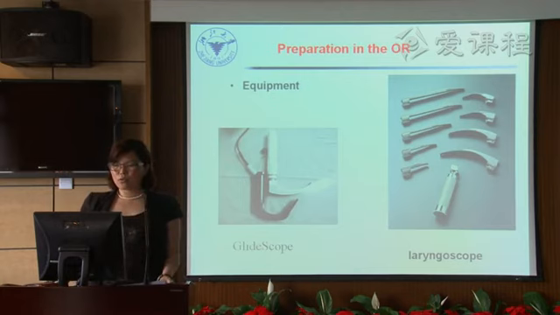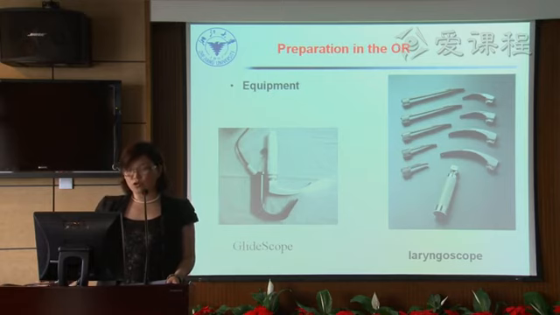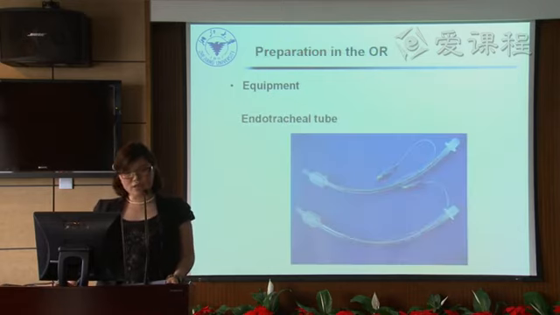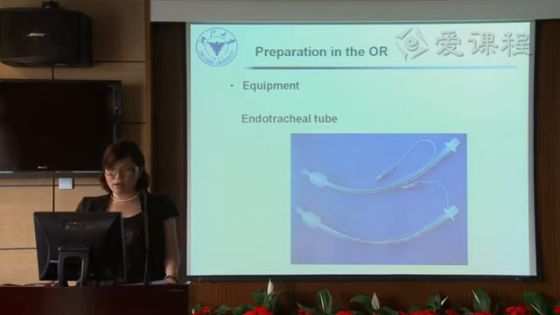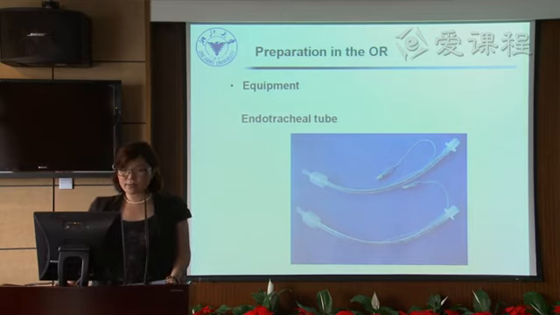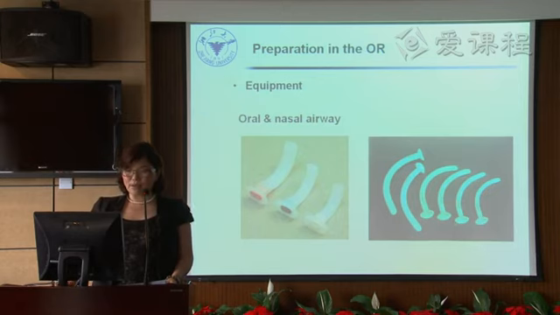And also we should prepare some equipment, a laryngoscope for the intubation, for the endotracheal tubes. For different patients, we choose different sizes of tracheal tubes according to the patient's age, weight, something like that.